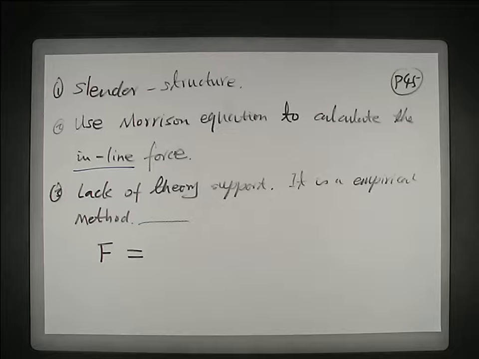What are they? If I didn't tell you, you should know it. For example, if you want to drive a car, you want to move the car, you need to give two types of force.